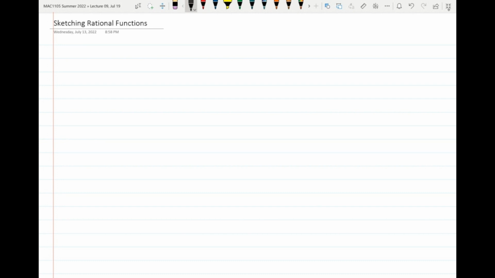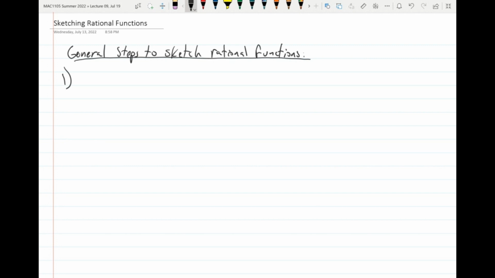So I guess let me give you some general steps to sketch rational functions. Okay, so the first thing that you want to do is find the domain. Okay, so let's say that you have a function y equal f of x.